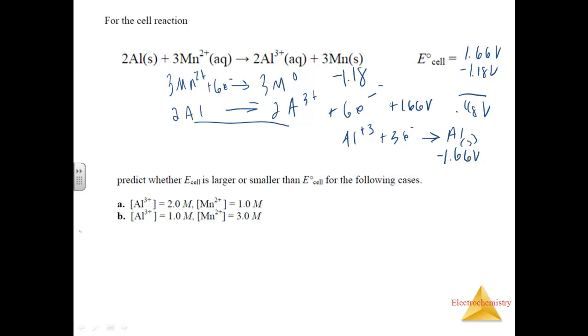So now let's take a look at A. Predict what will happen with E cell, which is not at standard conditions. It's no longer 1 molar, so is E cell larger or smaller than E naught cell in the following case? If we think about what we have, the aluminum is undergoing oxidation, right?